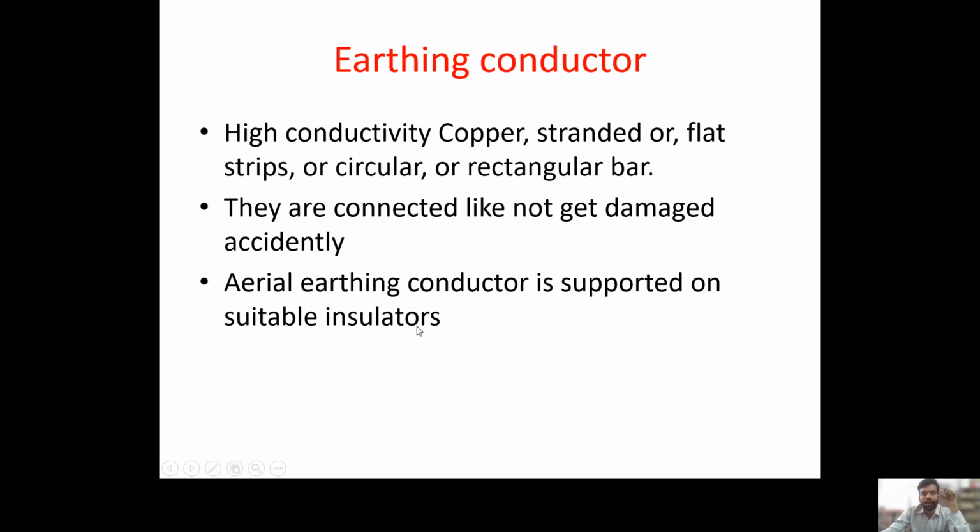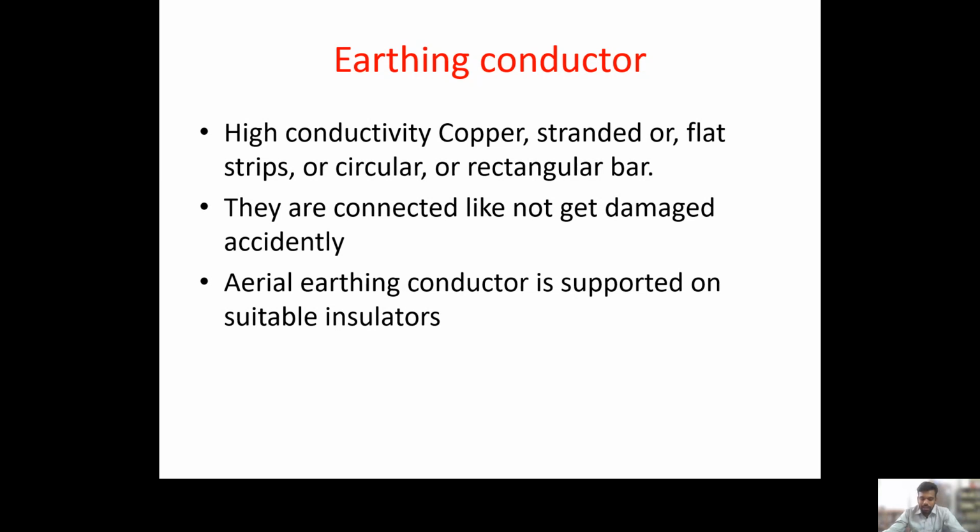You can observe in aerial earthing conductors that they are normally placed at poles with the help of suitable insulators. They are fixed over their entire length by clamps, clips, saddles, staples, cleats, etc., which in no way damage the conductors.